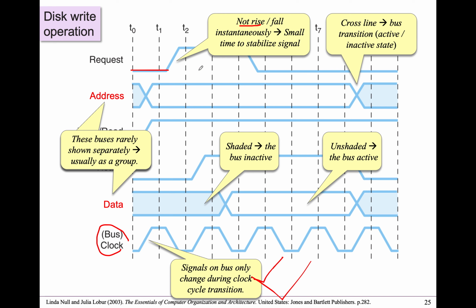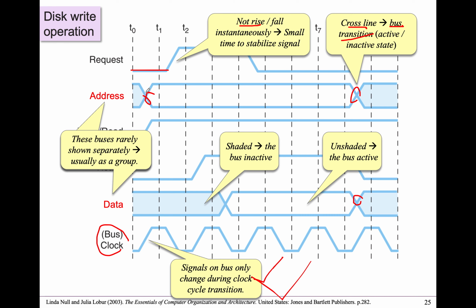Okay, now next over here. This one is rest. You can see you have the cross line over here, and another cross line here. It is called a cross line. What happens is the bus transitions between active and inactive state. It depends, but this is the bus transition.